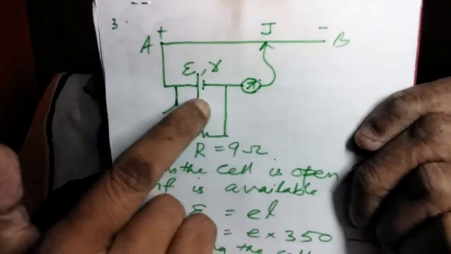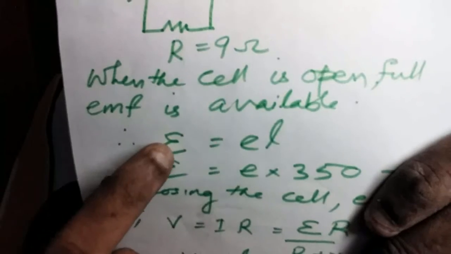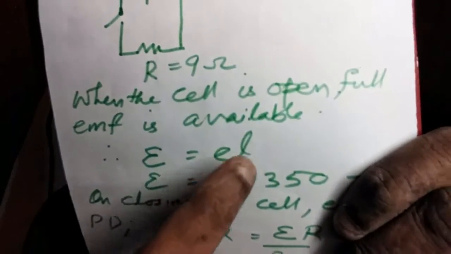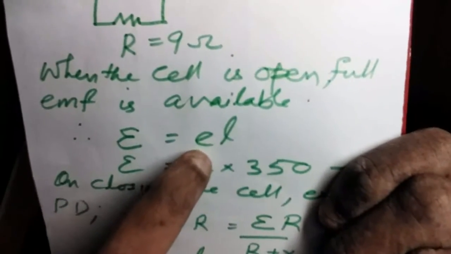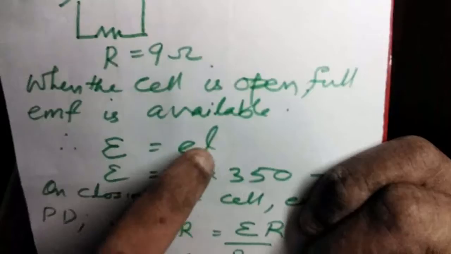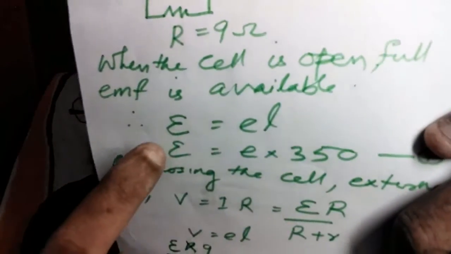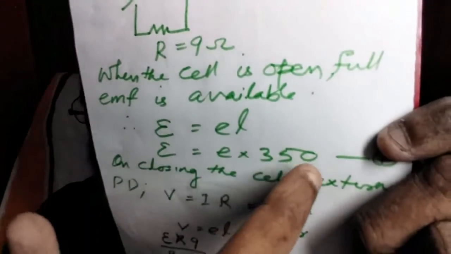We have the basic equation of potentiometer: balancing EMF E equals small e into balancing length, where small e is the potential gradient of the potentiometer wire. Here L is 350 centimeter. So E equals e into 350 centimeter.